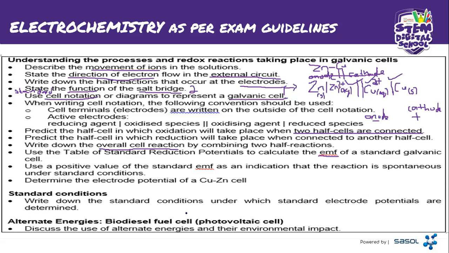They do not require any form of electrical energy to occur. And there they tell us we must use a positive value of the standard EMF as an indication that the reaction is spontaneous under standard conditions. And this we will talk about as well today. What are those standard conditions under which a galvanic cell operates?